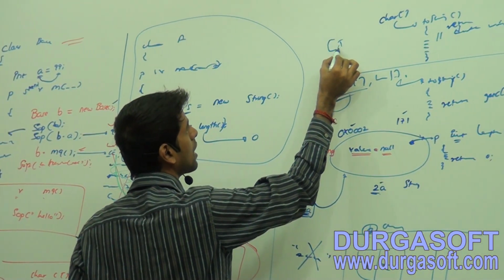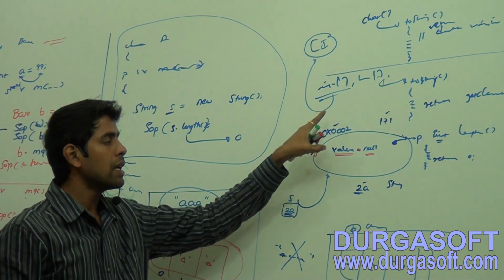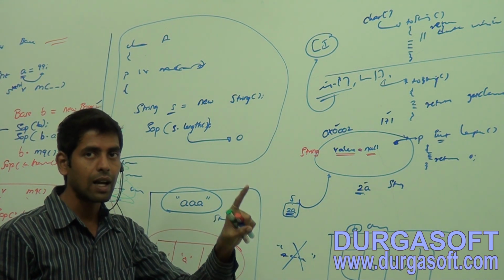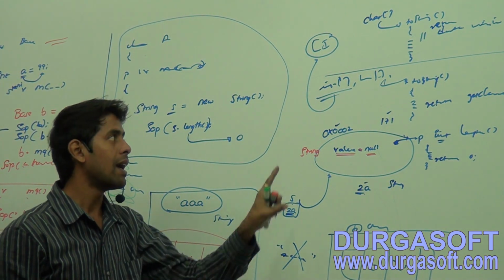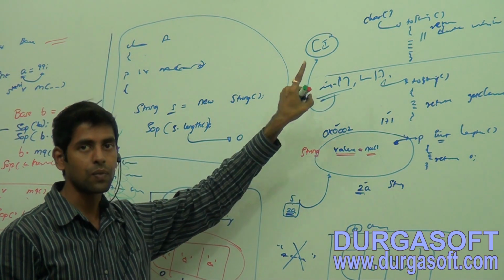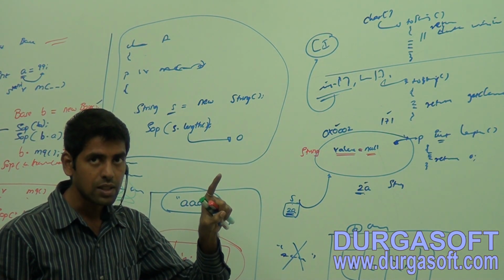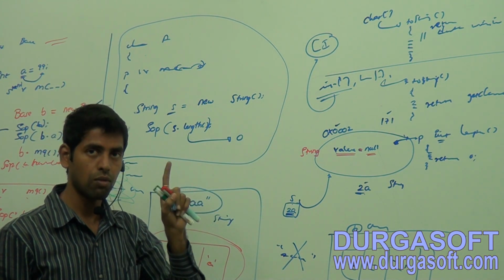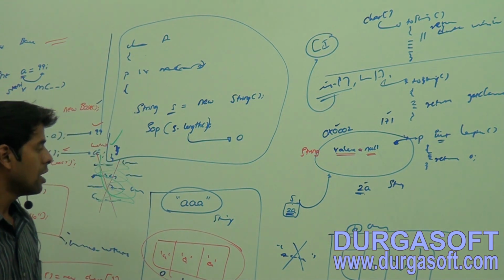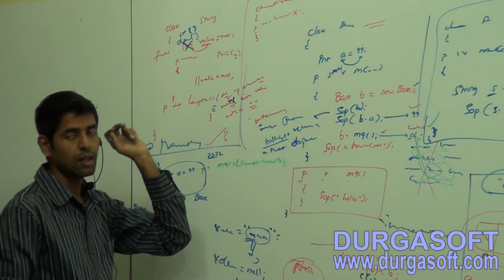Open bracket I. This is the class, friends. This is a predefined class. You cannot see the class names for arrays. Those classes are available within the JVM, within the java.exe file.